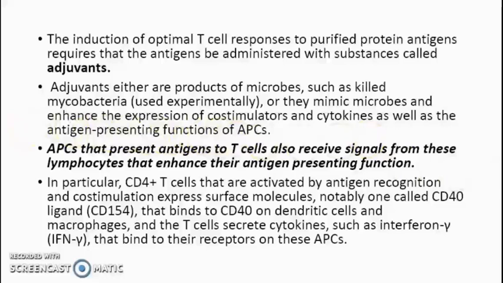Antigen-presenting cells that present antigen to T cells also receive signals from these lymphocytes that enhance their antigen-presenting function. In particular, CD4 T cells that are activated by antigen recognition and co-stimulators express surface molecules, notably one called CD40 ligand.